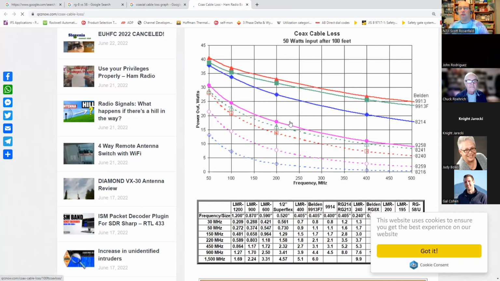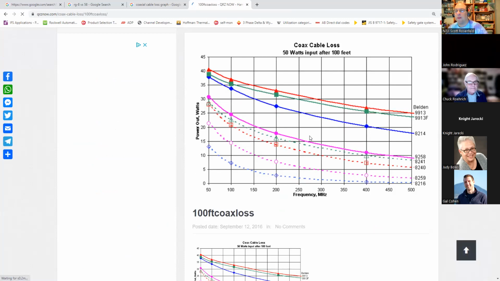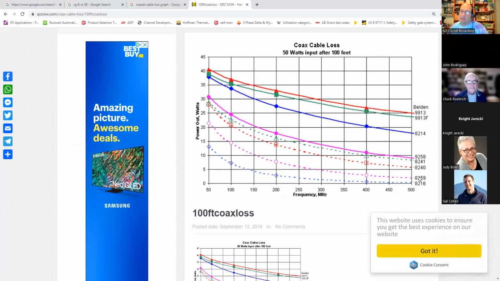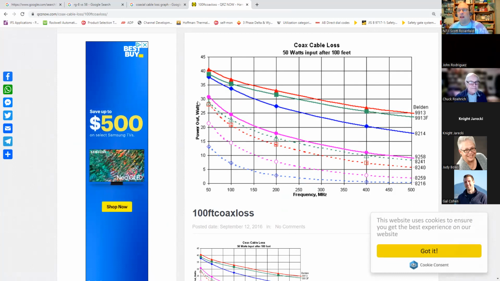Notice we have different cables, and we have curves for those cables, for 9913, 9913F, and so on. So we have power output given power input. And as the frequency goes up, our signal transmission gets worse and worse and worse.